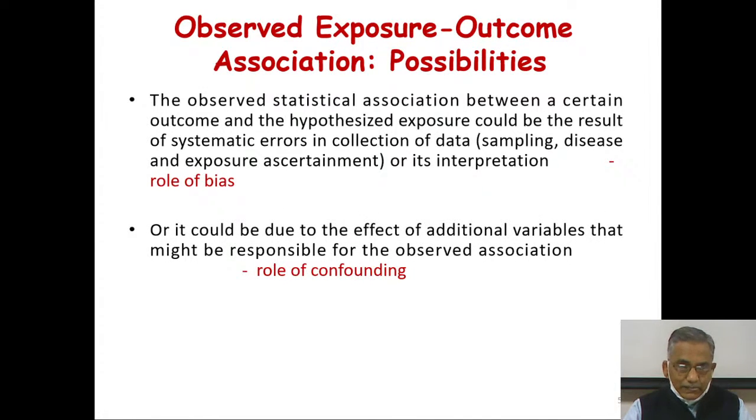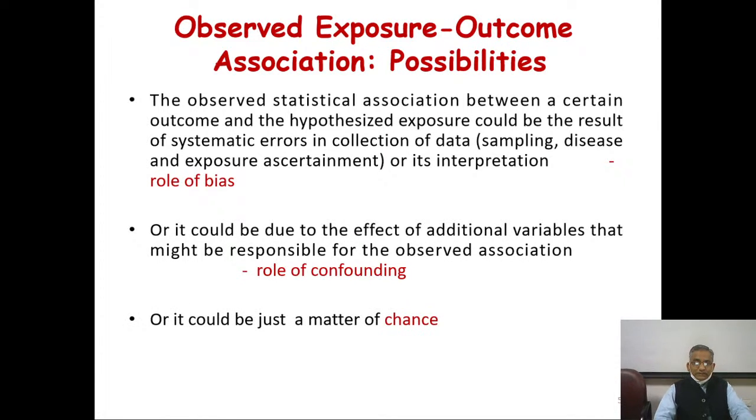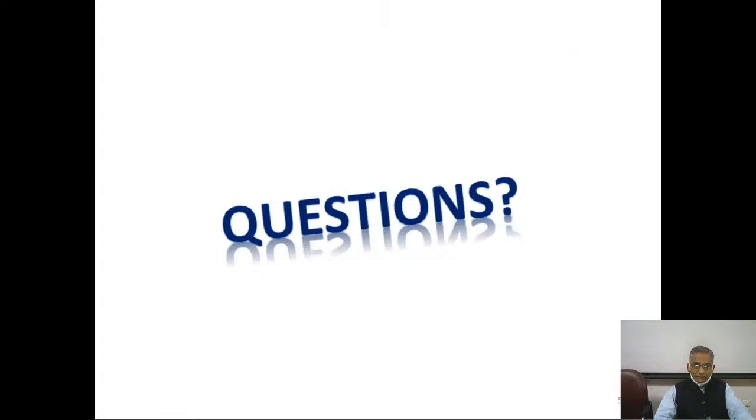And then you have to say that your sample size was adequate for the results I am reporting, so chance, I have not got the result just due to chance. Once you rule out the role of these three, only then you say that my results are real, the association is real. So this is, in a very quick sense, a clinical trial.